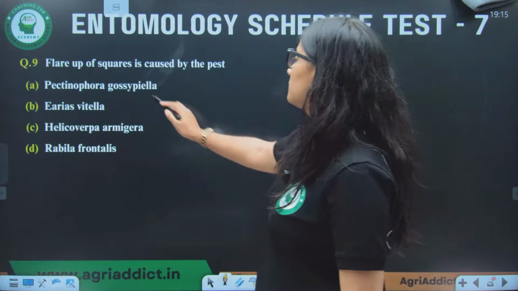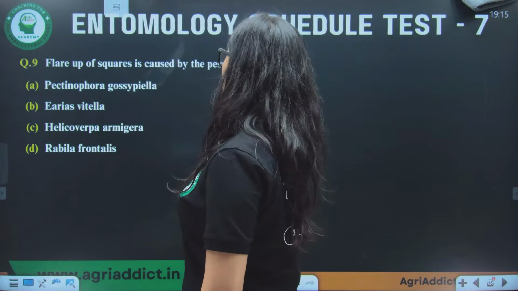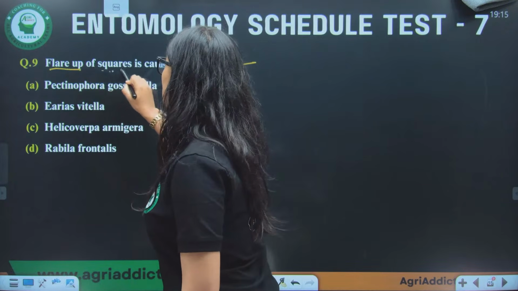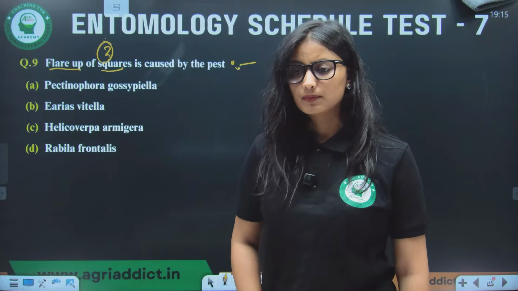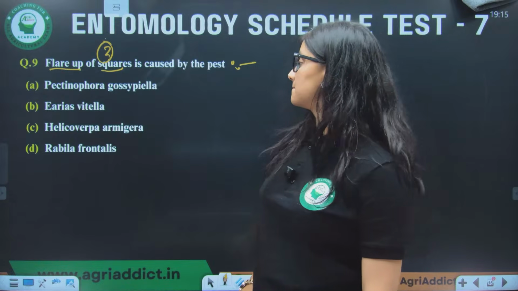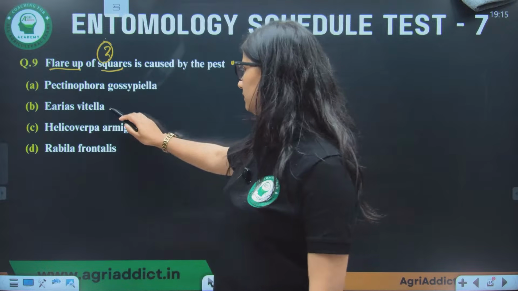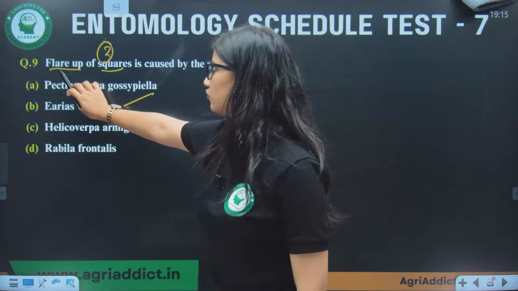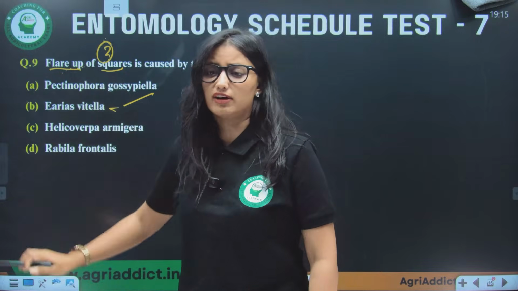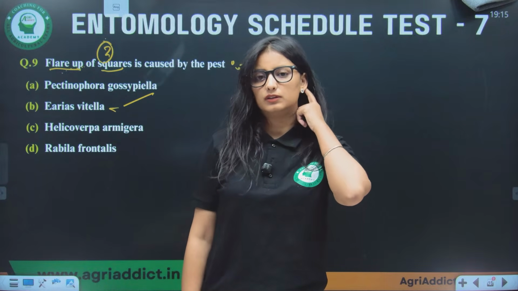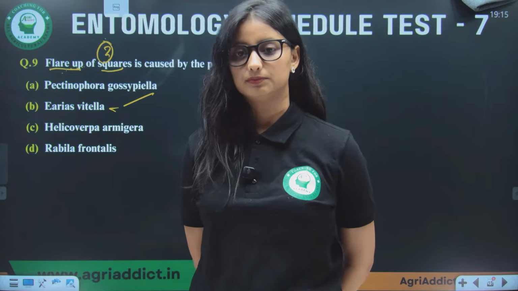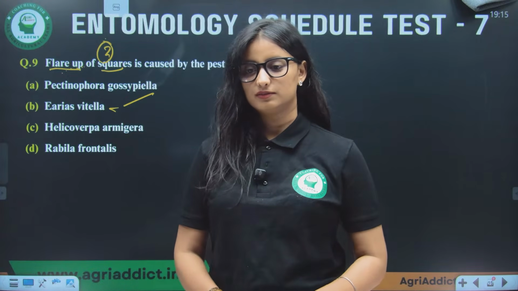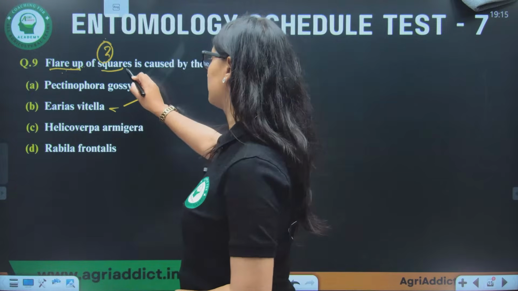Flare up of squares is caused by which pest? And what is this flare up of squares? What is this term? Very good. This is the correct answer. But tell me, what is this flare up of squares? Anyone? क्या मतलब है flare up of squares?